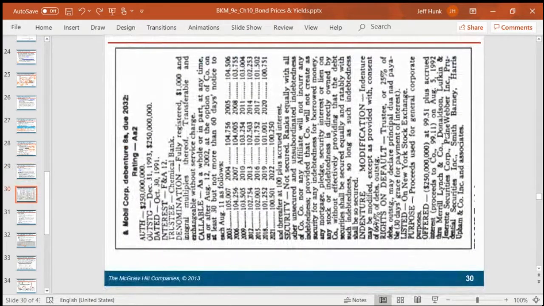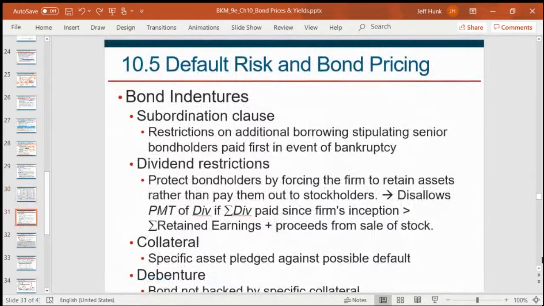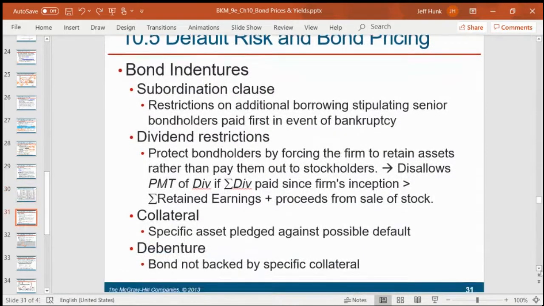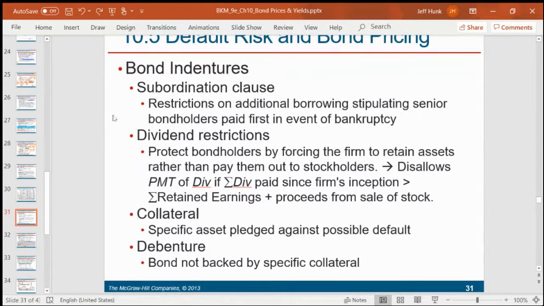So this is an example of a sample of indenture. And also in the bond indenture, there are subordination clauses. What is subordination? Subordination means there's a hierarchy, there's an order: there's a senior bond, a junior bond.